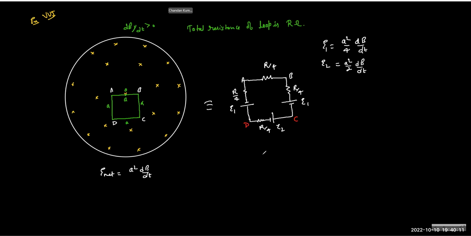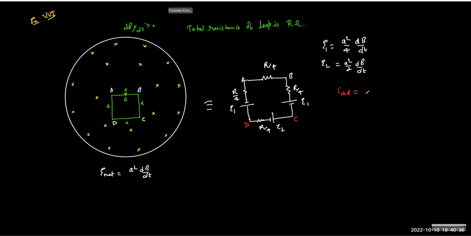So the first question is: what is the potential difference? Now look at this question. This question is very tricky. I'm not asking the EMF induced. I'm asking the potential difference of A and B. So first of all, let's find the I induced. So what is I induced?